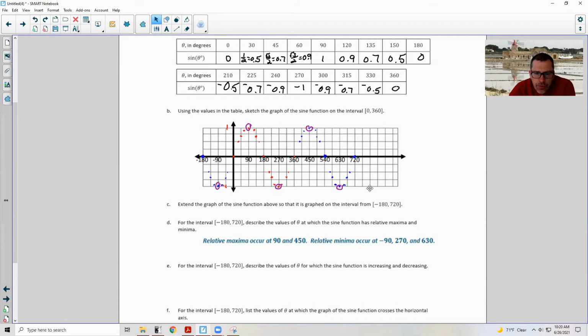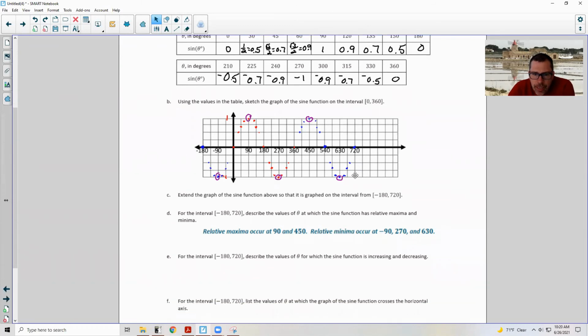E says for the interval -180 to 720, describe the values of theta for which the sine function is increasing and decreasing. Okay, so for this, increasing, usually we do in green, right? If you're into the stock market, up is green, down is red. So we're going to draw as neatly as I possibly can.